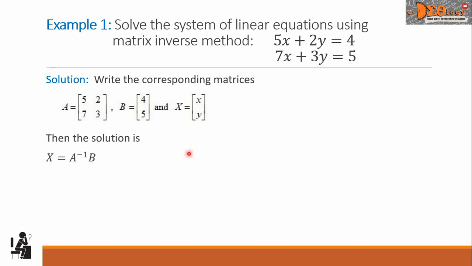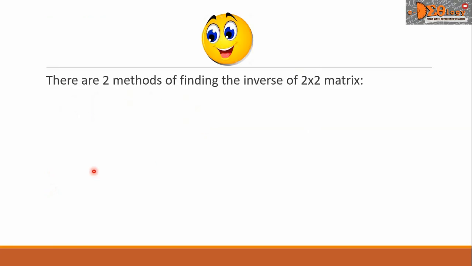Now we say that the solution of the system of linear equations is given by the matrix X equals the inverse of matrix A multiplied by matrix B. There are two methods of finding the inverse of a 2 by 2 matrix.